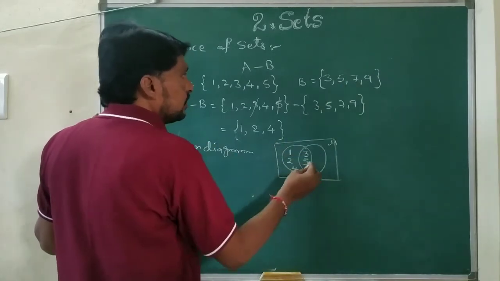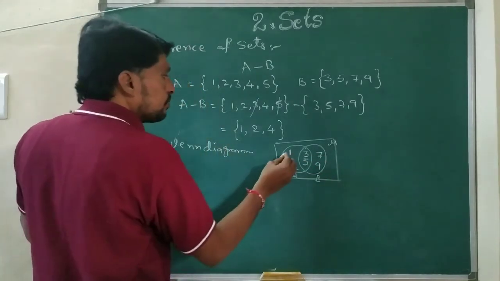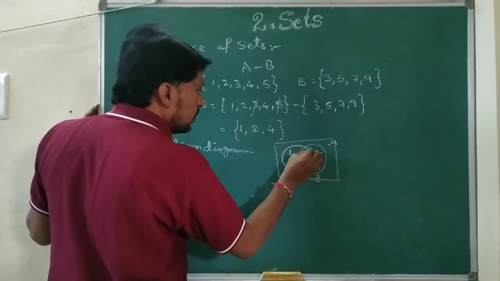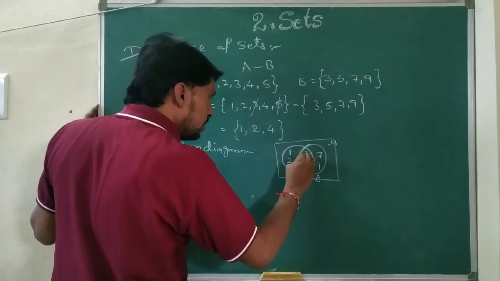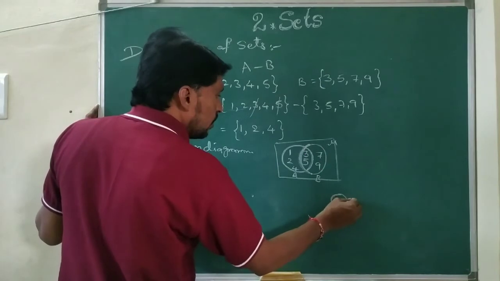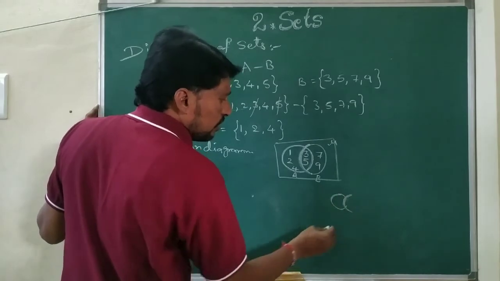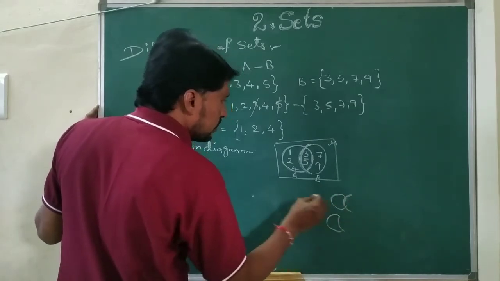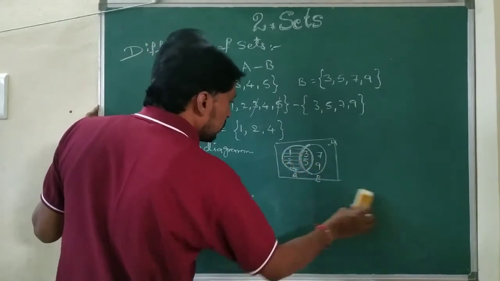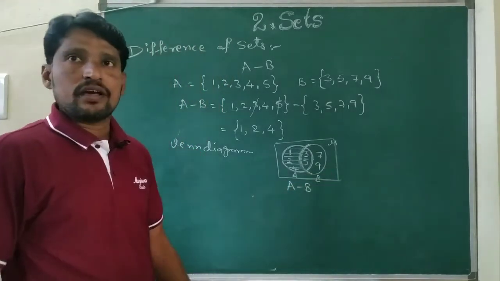In set B we have 3, 5 and 7, 9. From the total set A, the common part we need to subtract, so we cancel this part. Then we get this figure, which is called A minus B. This is the difference of sets.